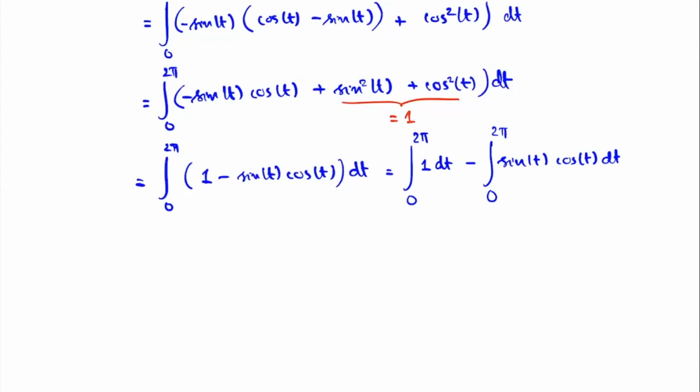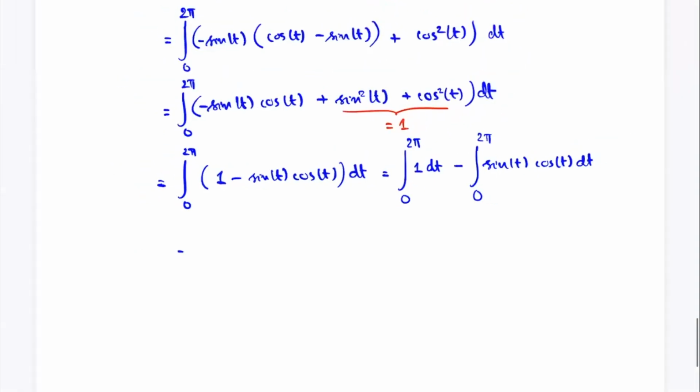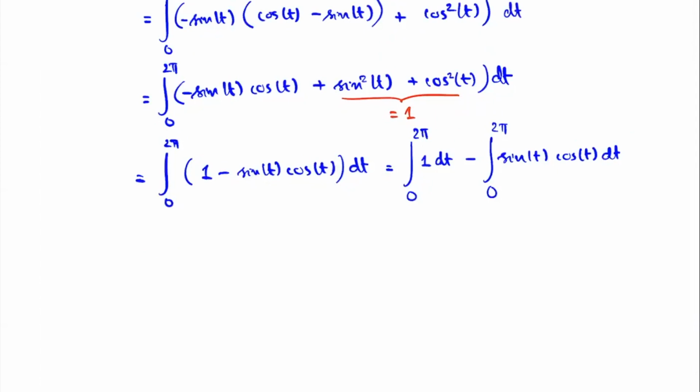So the first one is easy. It's going to give you 2 pi. And for the second one, if you use integration by substitution, you will get 0.